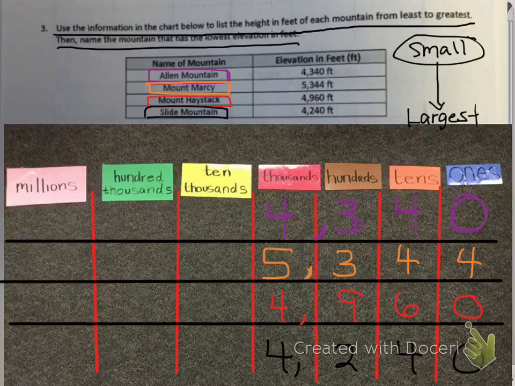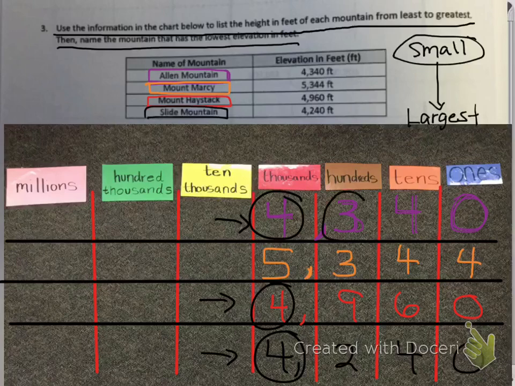Perfect. So now I want you to order these from least to greatest. I'm going to start you off. I'm going with my smallest in elevation. When we look at the thousands, we have 4, 4, and 4. So I'm working with these 3. Now let's go to our hundreds and see which one is the smallest. I have 3, 9, and 2.